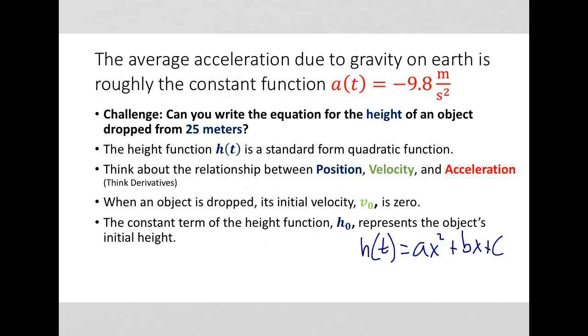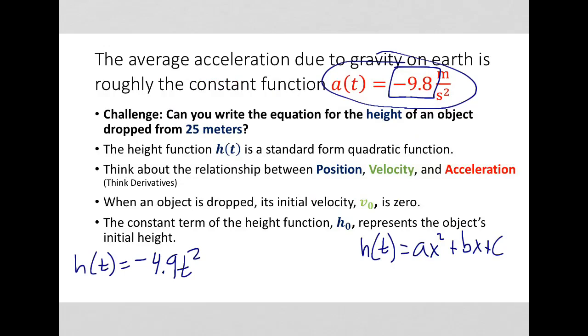And here the second derivative is acceleration, and the acceleration is negative 9.8. So we need that coefficient there to be half of that value, and half of negative 9.8 is negative 4.9. So we get h of t equals negative 4.9 t squared.